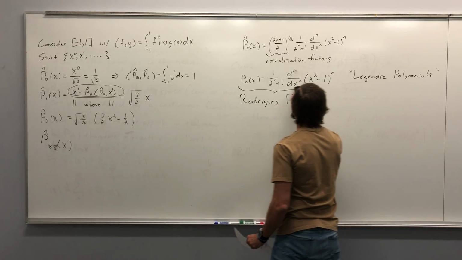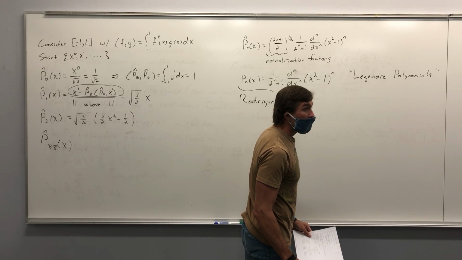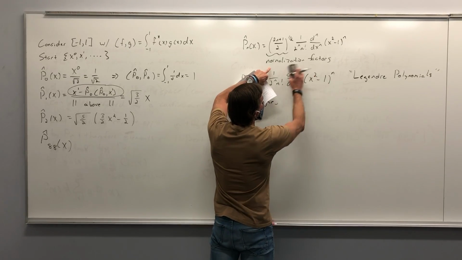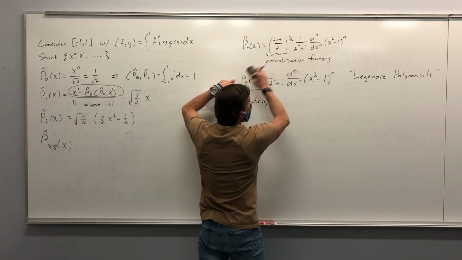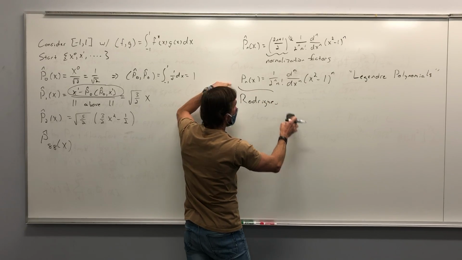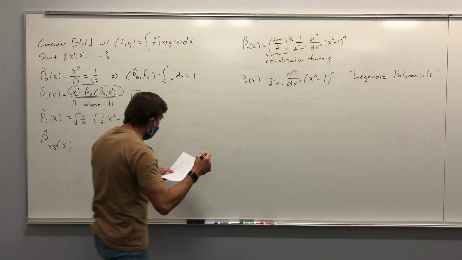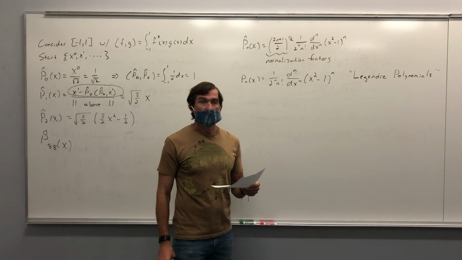Sorry, say again? No, each of these for a given n is a Legendre polynomial. This process of finding them through this expression is the Rodrigues formula. Good, thanks.